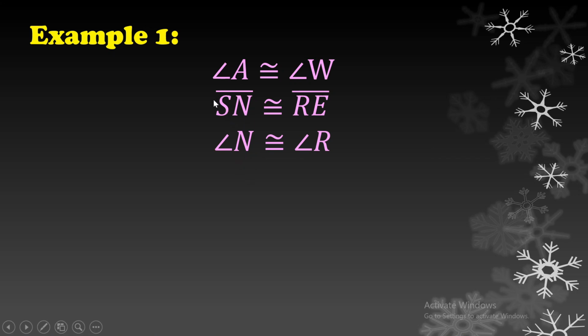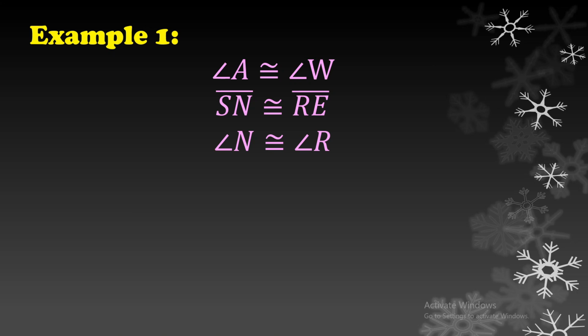But since the given segment is not AN, then it's not the included side. So we can have this one. For the second triangle, we have angle W and angle R. So the included side should be side WR. But since the given side is side RE, that means it's not the included side. So with that, we can say that the two triangles are congruent based on the AAS congruence theorem.